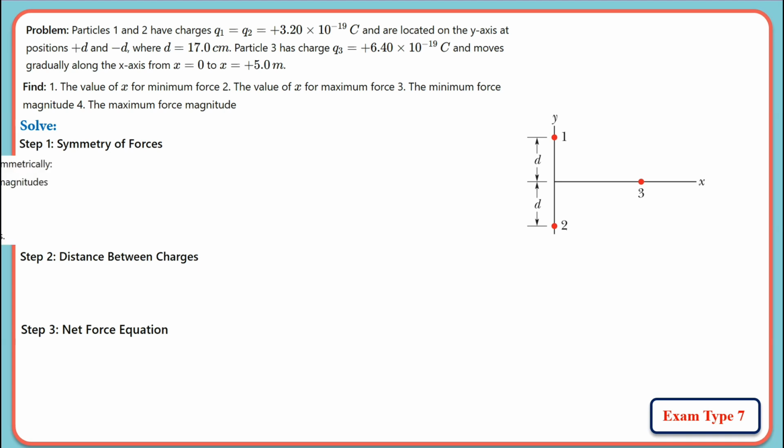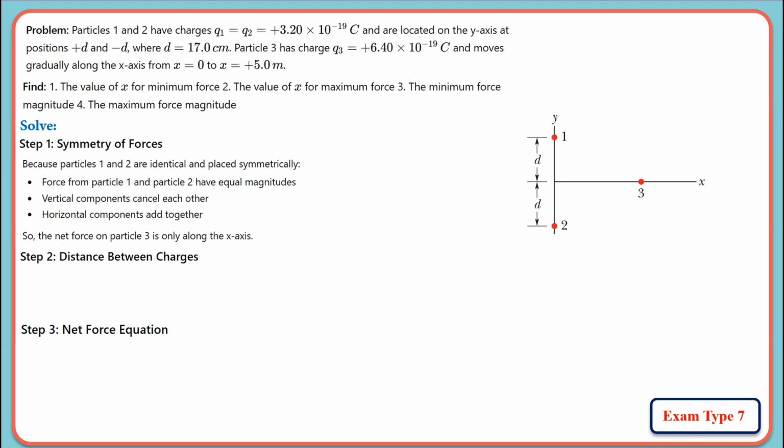Step 1. Because particles 1 and 2 are identical and equally spaced, the forces they produce have equal magnitudes. Their vertical components cancel each other, while their horizontal components add together. So the net force acts only along the x-axis.